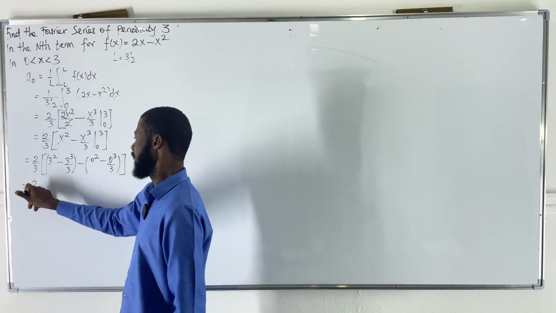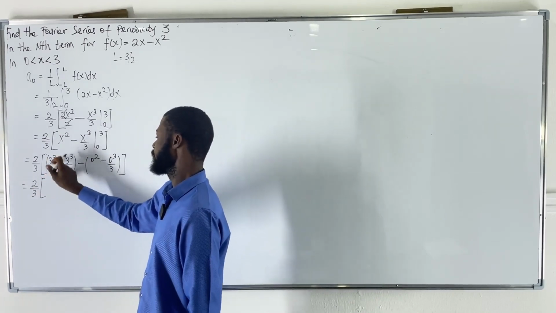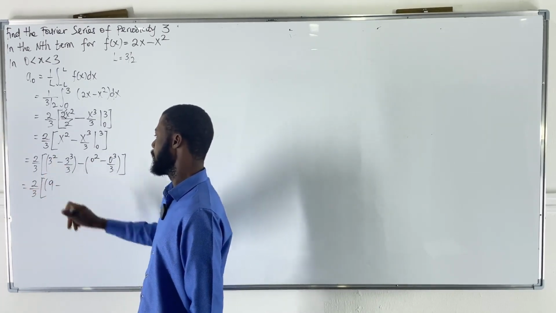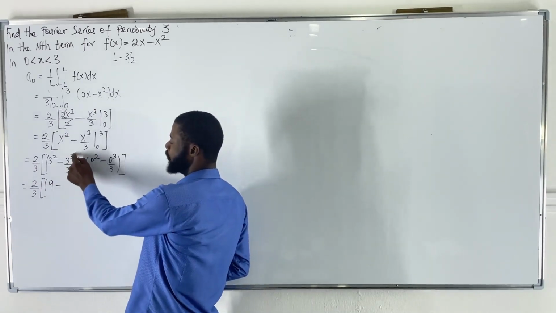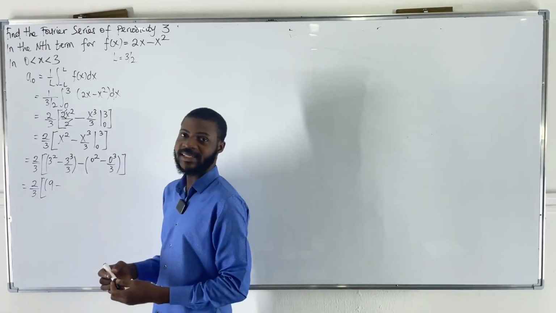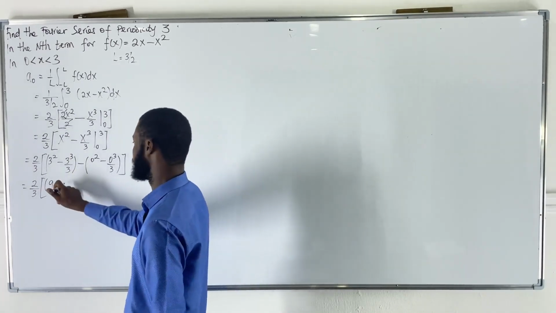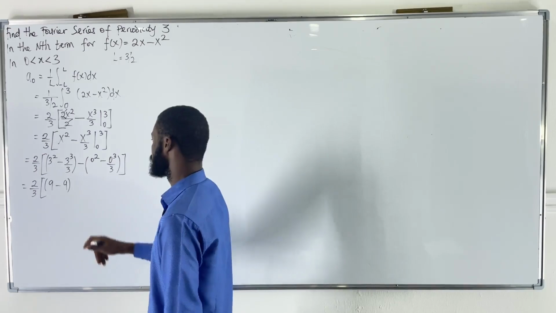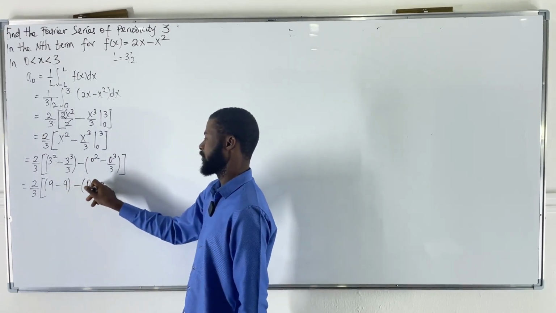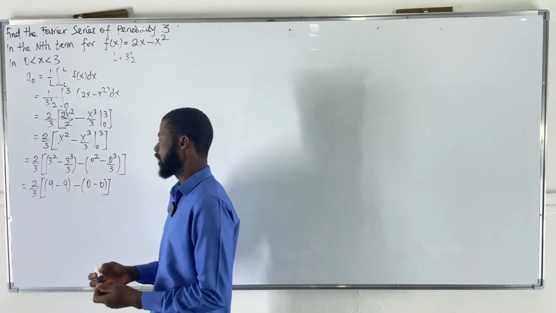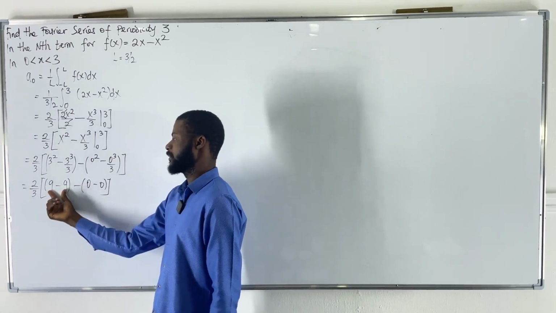Now, 3 squared is 9 minus 3 cubed, which is 27, and 27 over 3 is 9. Minus 0 minus 0. You can conclude that this is 9 minus 9, which is 0.